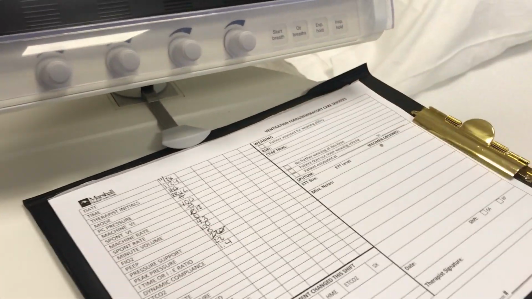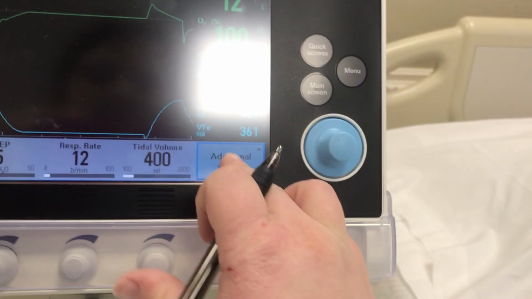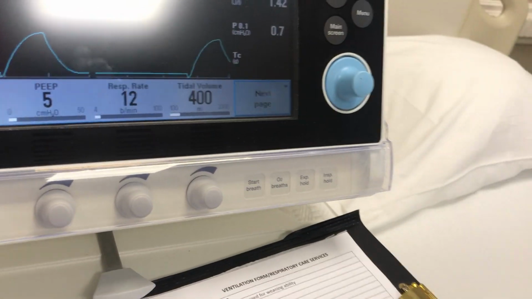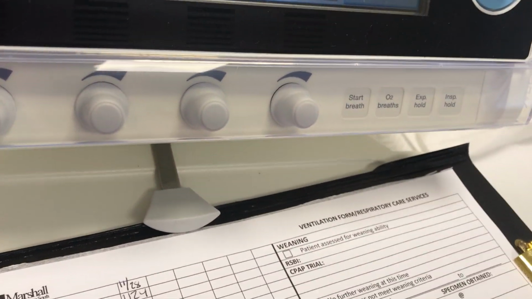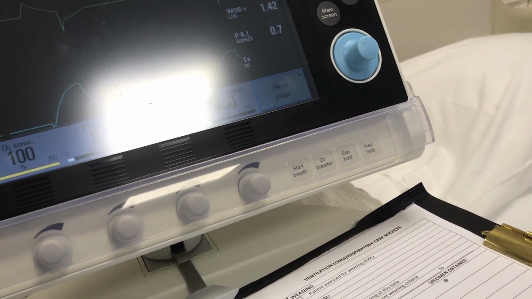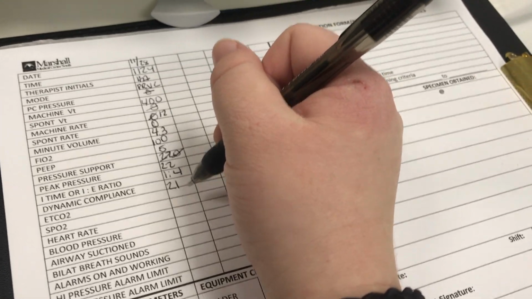My dynamic compliance I can also find on my vent. I have to push next page twice and it'll give me, which it's at 21. I'd look at my CO2 monitor for my end-tidal CO2, and I'd place it right there.